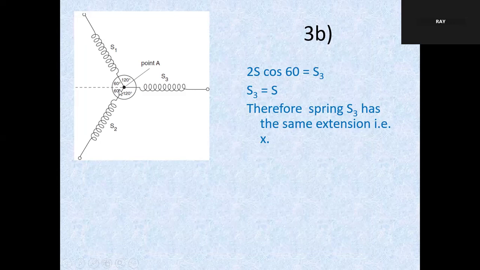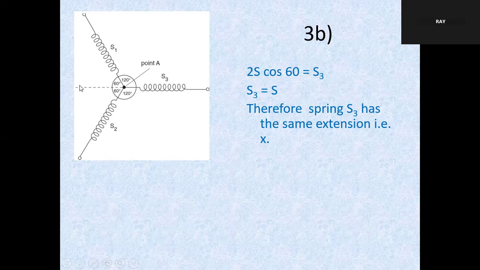These two are X. These two are S cos 30. This one is also S cos 30. The two add together. They are pulling away. This one is pulling the other way. So 2S cos 60 equals S3.